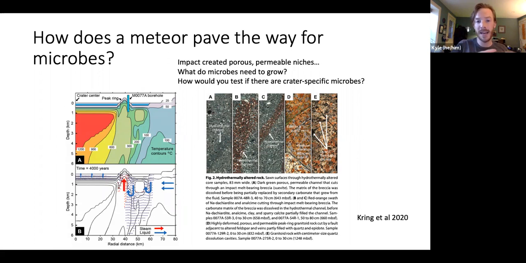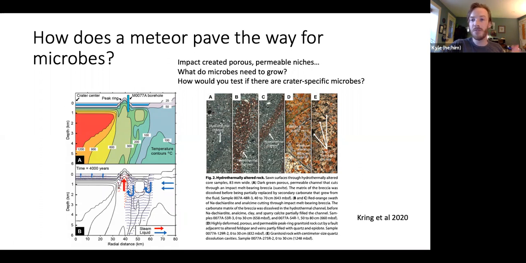And the idea was that fluids, which you can see here in this schematic image, enabled fluids from the subsurface to flow through these permeable, porous veins that ran through this otherwise really dense rock. And what they thought after looking at these was, maybe this would be a really good home for microbes, where otherwise it should be totally inhospitable for life.